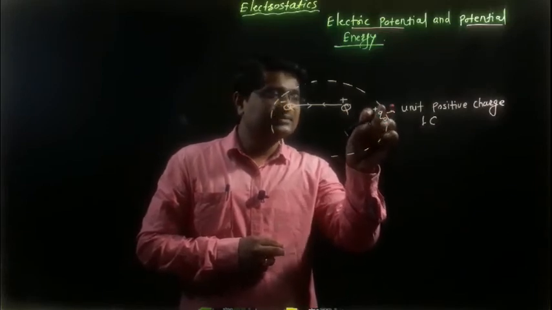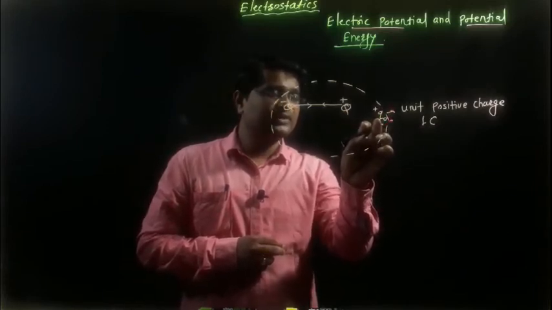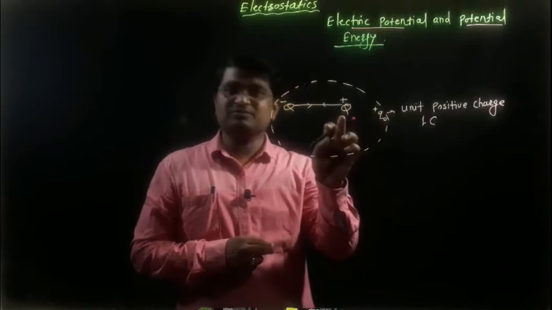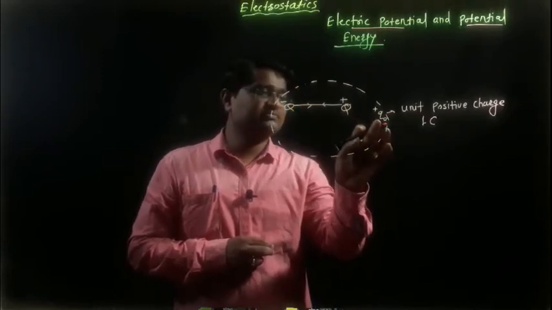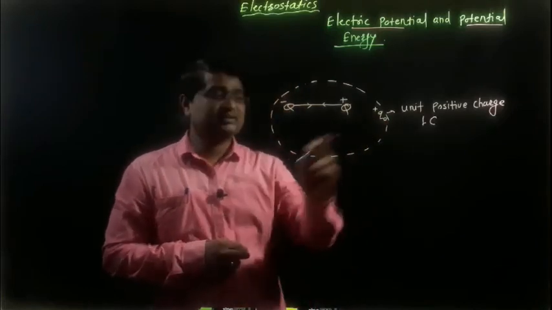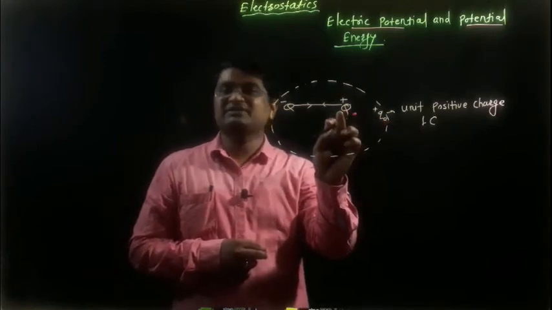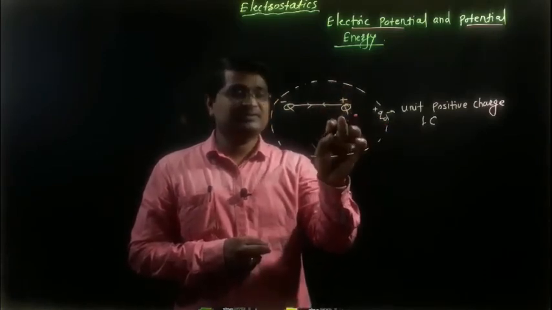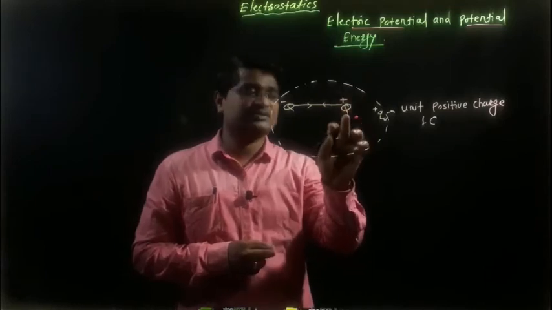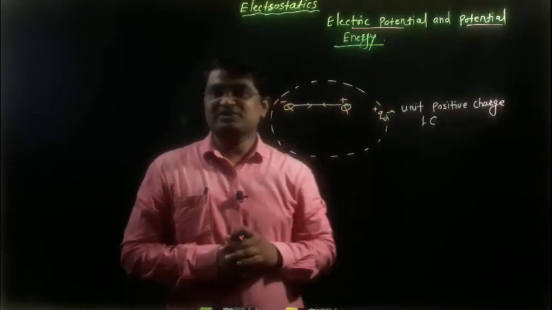When this unit positive charge is situated in the system near the positive capital Q charge, it is simply reflected, but it cannot produce any effect on the given charge. It stays at rest. This is electrostatics.